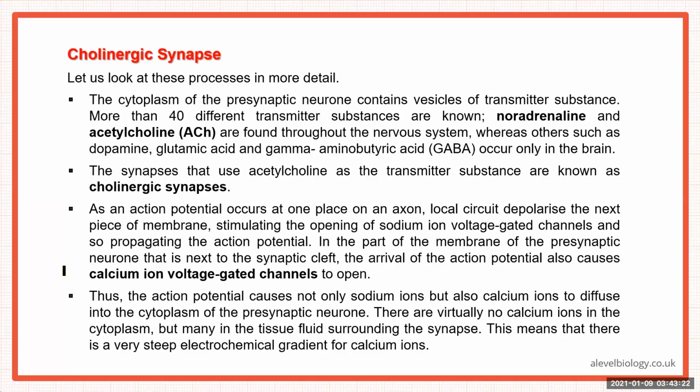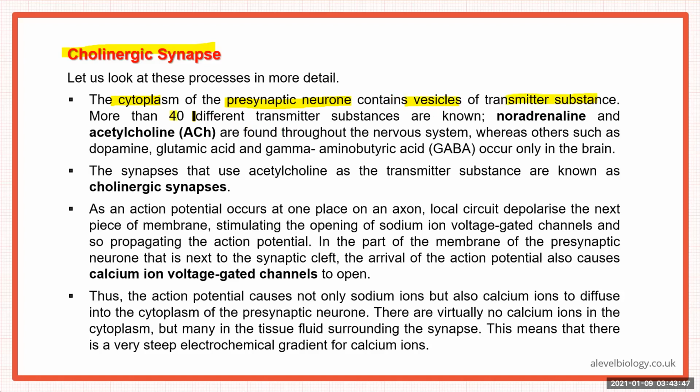Now let's talk about them in detail, and as per our specifications, we have to talk about the cholinergic synapse. So this is the detailed events that happen. What happens first? The cytoplasm of the presynaptic neuron, the first one, the axon, contains vesicles of transmitter substance, as we just saw in the previous diagram.